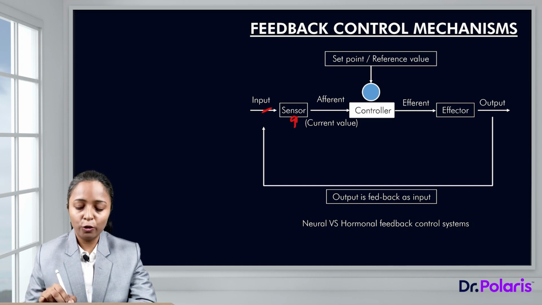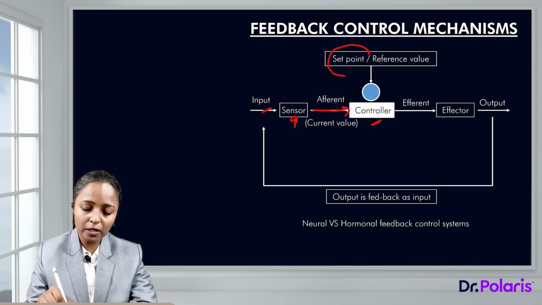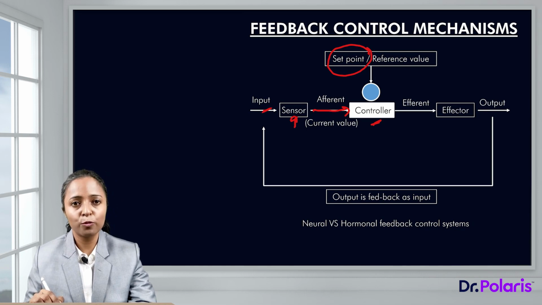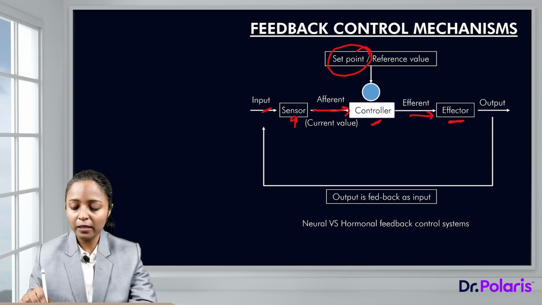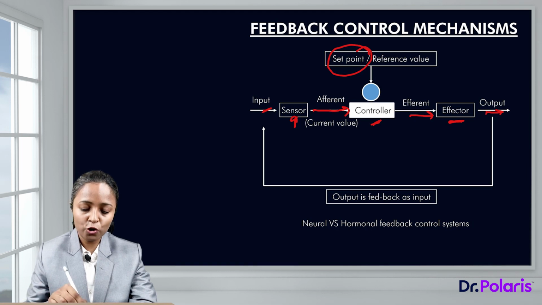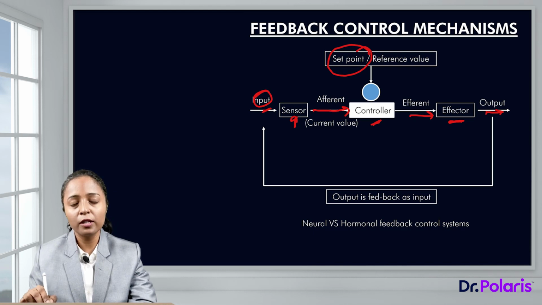Then the current value of the input or the stimulus is sent by afferents to the controller. Now, the controller compares it to a reference value, what is known as the set point. With this, it makes some adjustments, and via the efferent, the information goes to the effector and there is the output. Now, what is the output? Actually, the output is the change in this input only, right? Because of these effectors, there is some response which causes the change in the input only.